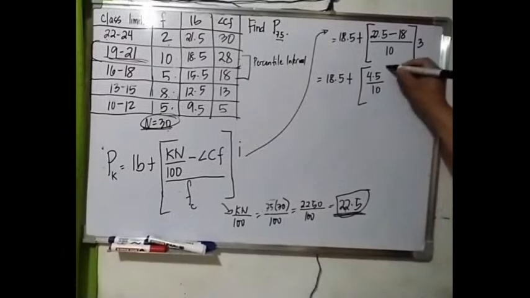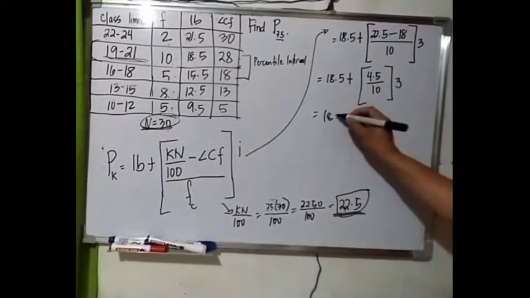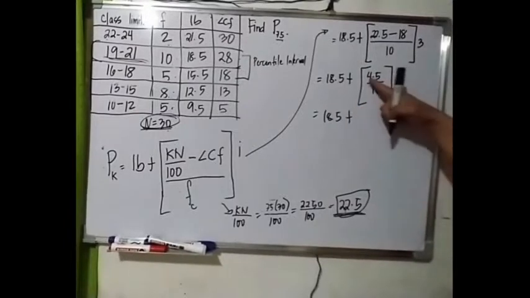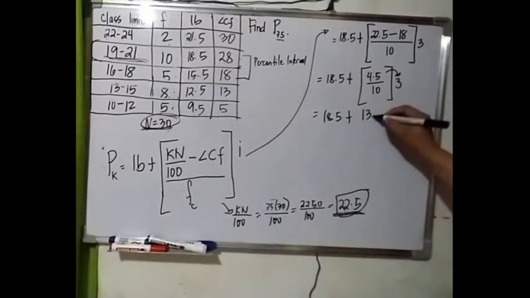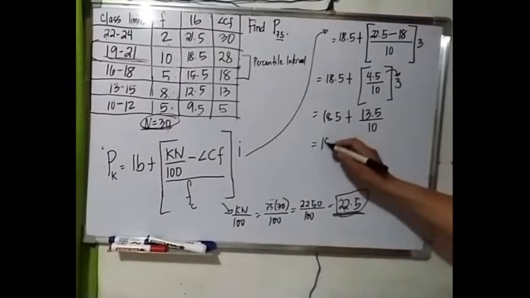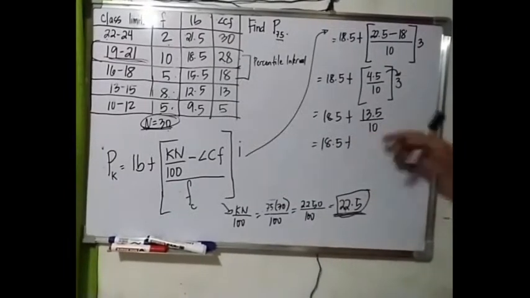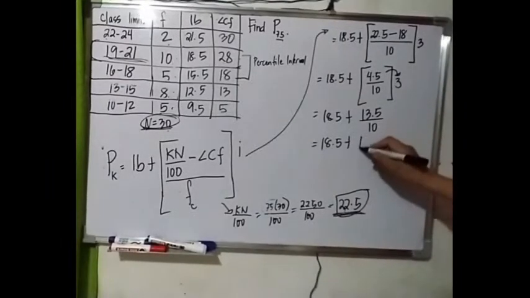over 10 times 3. Next, 18.5 plus 4.5 times 3, ito 4.5 times 3, that is 13.5 over 10. So 18.5 plus 13.5 divided by 10, that is 1.35.